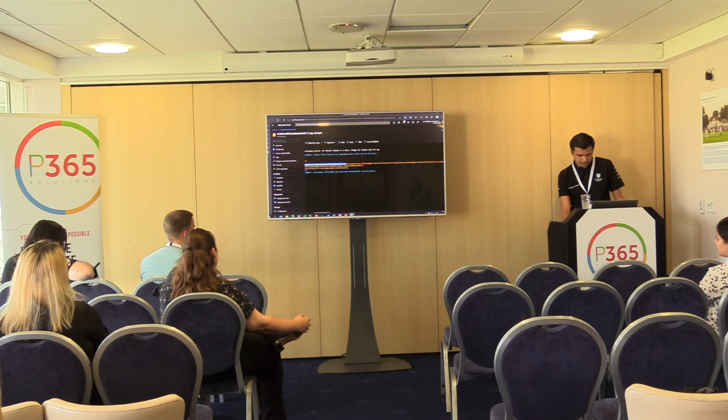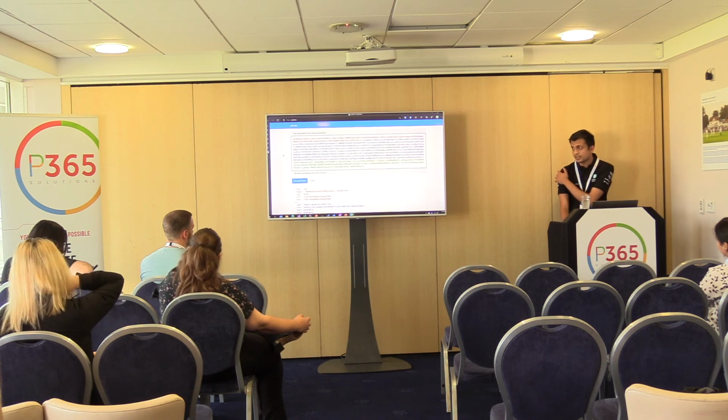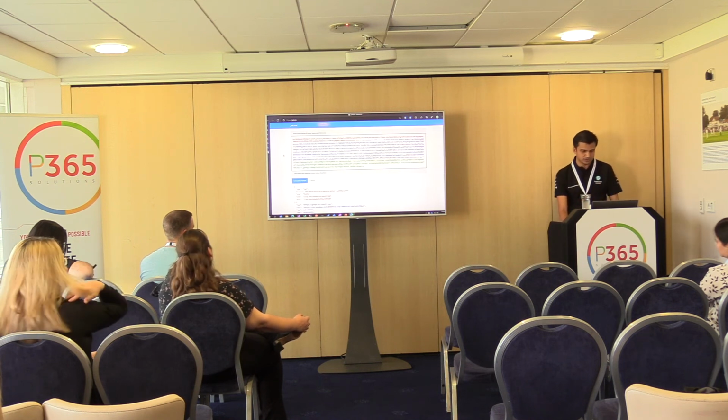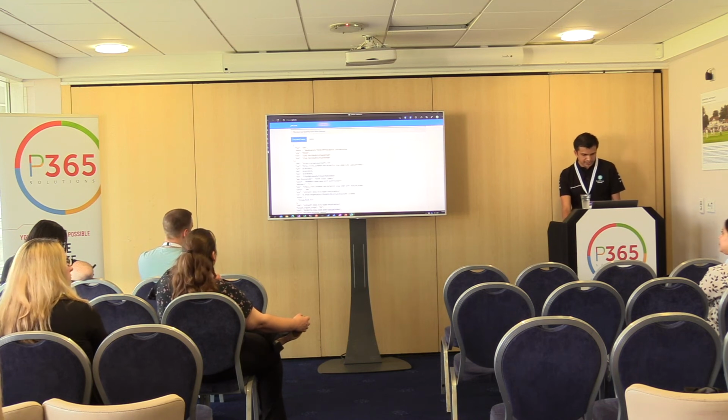Now, if I just quickly copy this and open this website called jwt.ms and put the access token over here, this gives me the details of all the claims within the access token. So we can see here quickly. The first thing is audience.